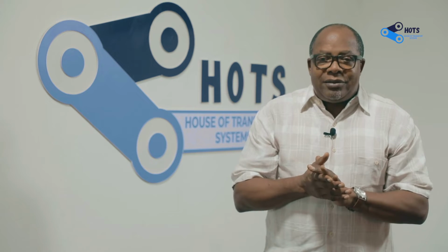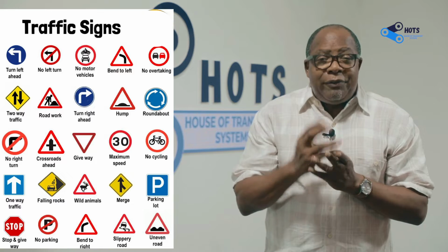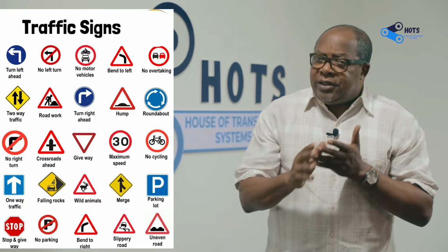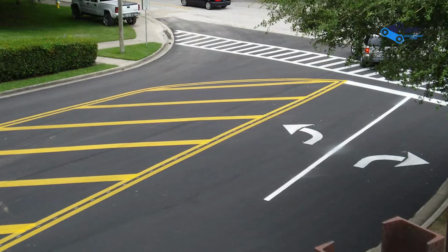In order to do that, we would touch on one specific subject that is very pertinent for us to know, and that is introducing ourselves to the use of traffic signs. Well, traffic signs can mostly be vertical signs, but in other cases as well, you would have road markings, which is a sign as well.